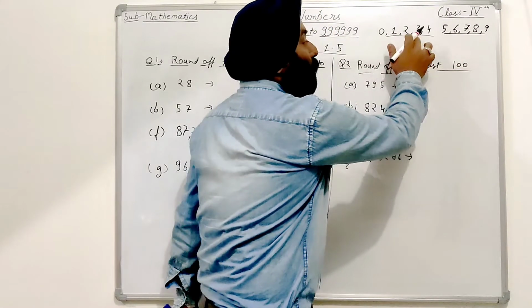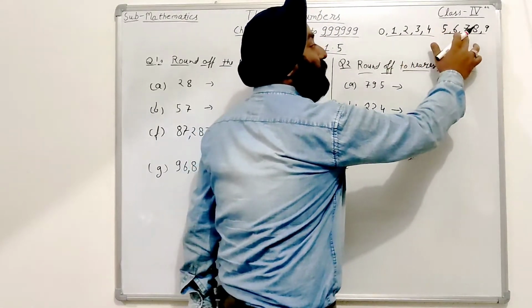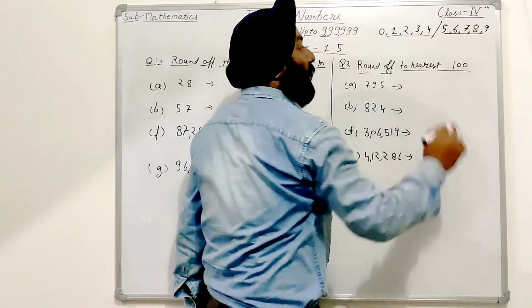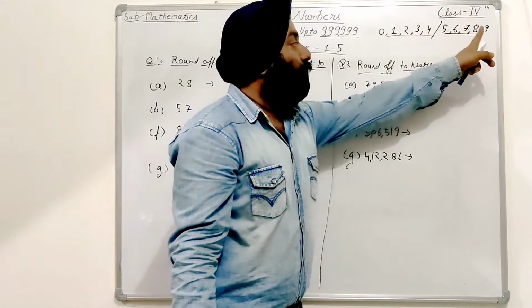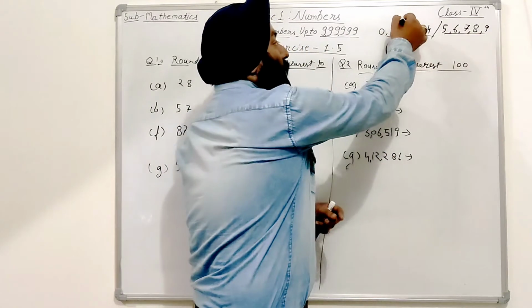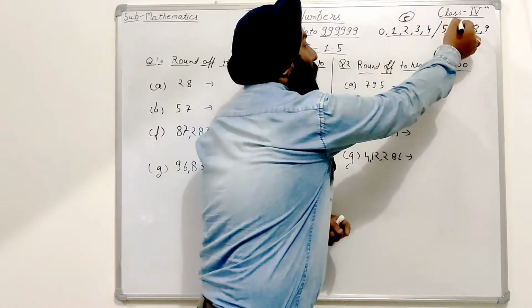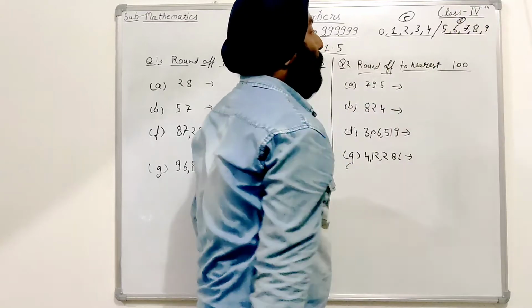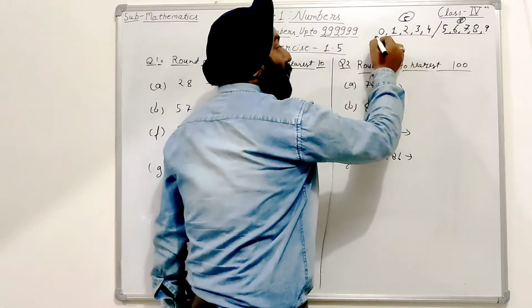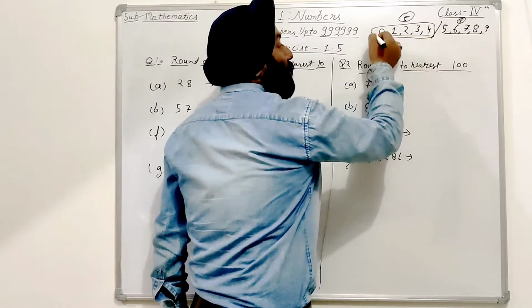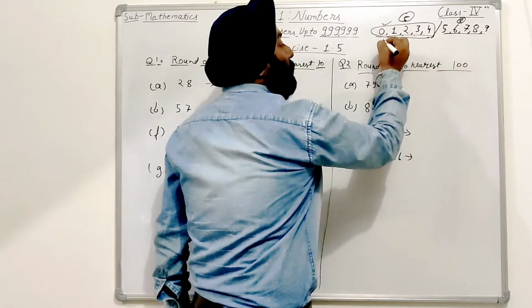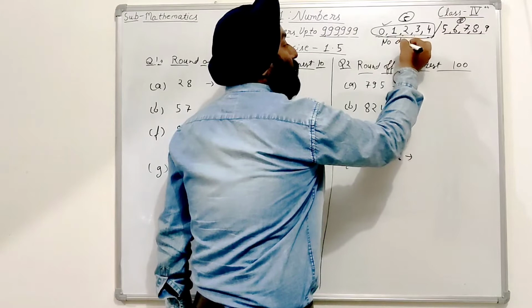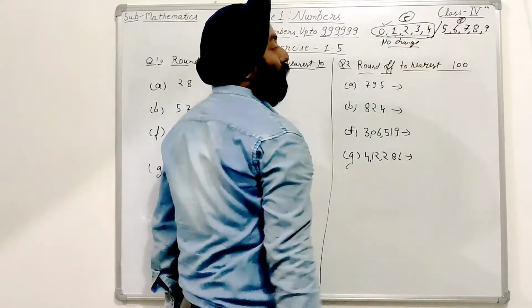We have divided the numbers into two categories, 0 to 4 and 5 to 9, five numbers in this category and five in this category. So if the digit is 0, 1, 2, 3, 4, then there is no change in rounding off.